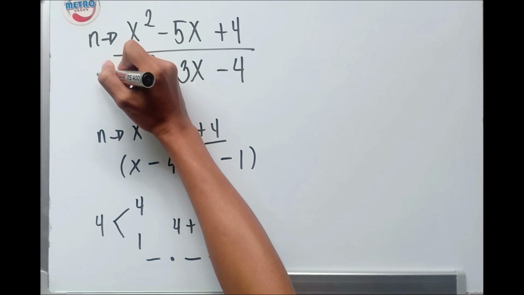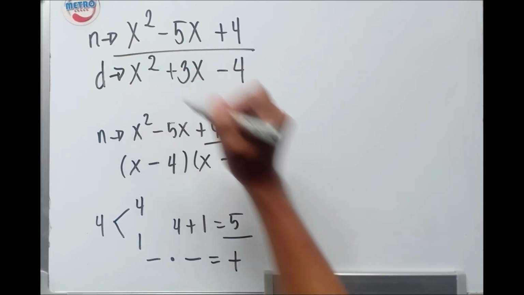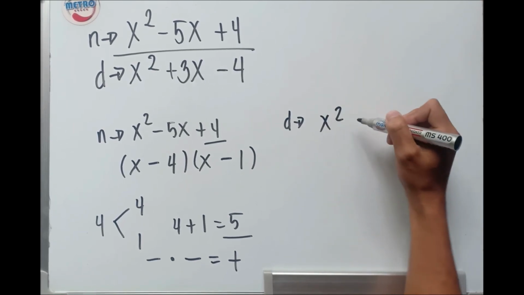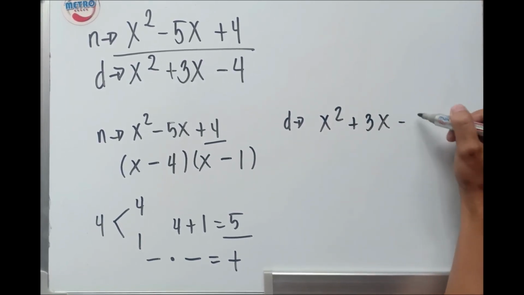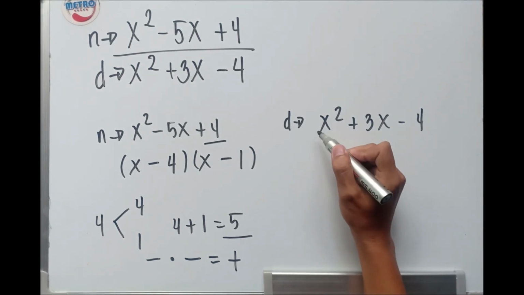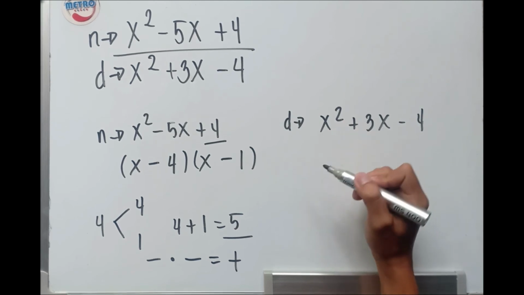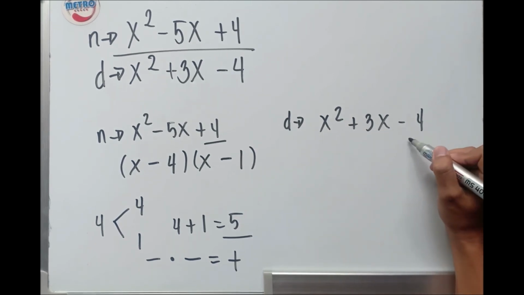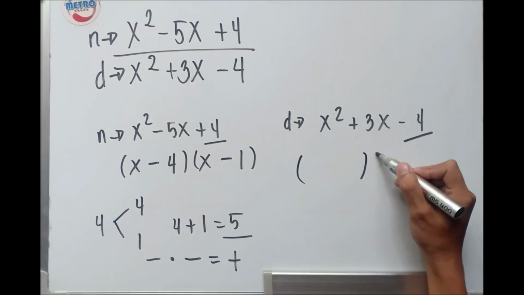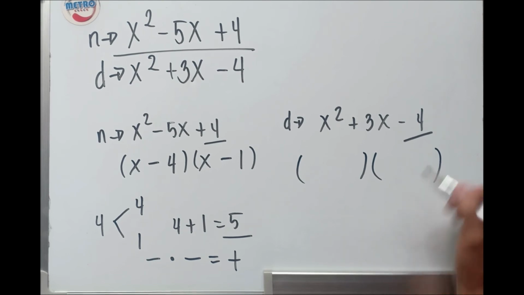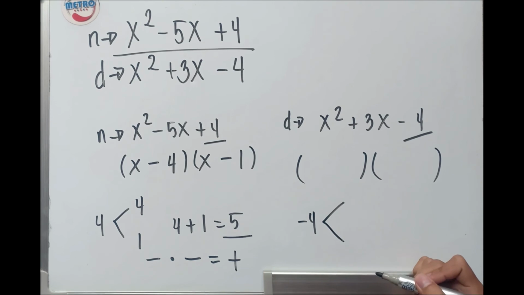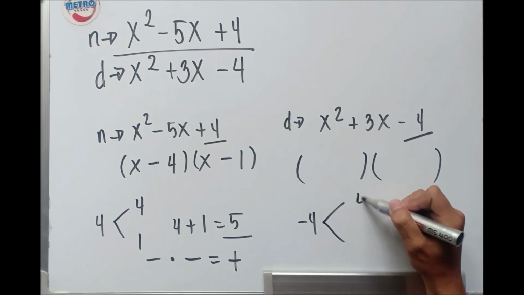Now, let's get the factors of our denominator. For our denominator, we have x squared plus 3x minus 4. Again, if the numerical coefficient of x squared is 1, then focus on this value. Now, we have to write 2 parentheses. We have negative 4. The factors of negative 4 can be 4 and 1.